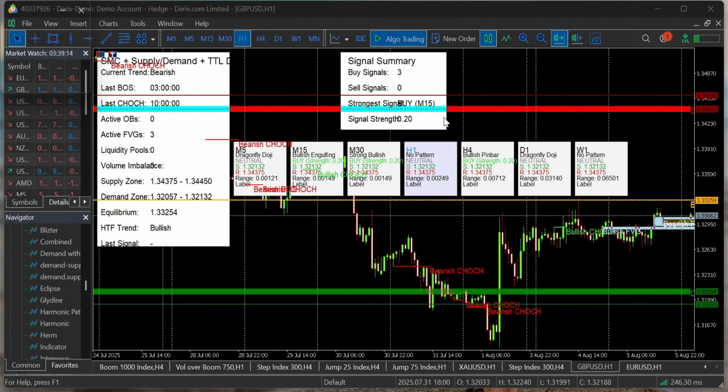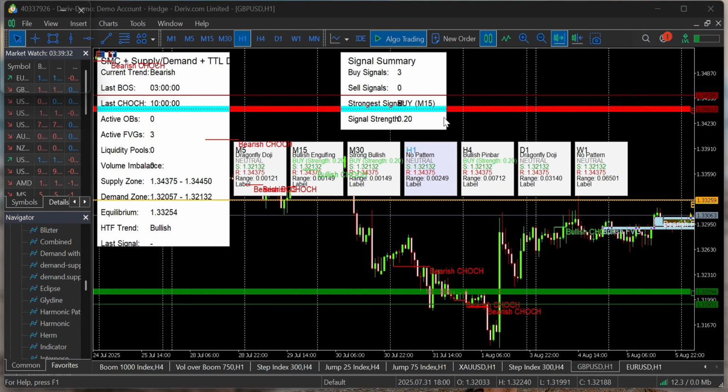You understand the fair value gap is there, the structural changes, the bearish structure changes, and every other thing. It marks it, and you are good to go to use it if you understand SMC.